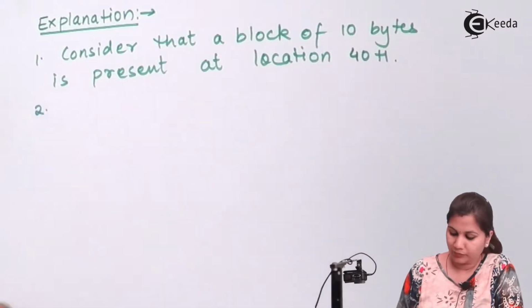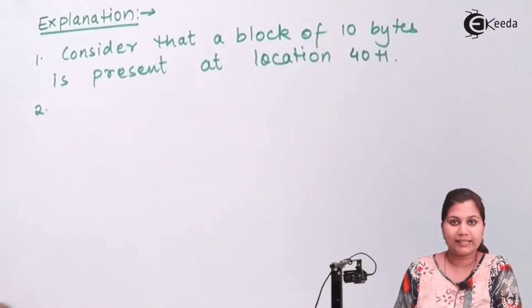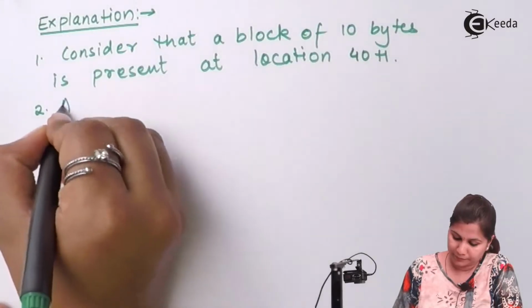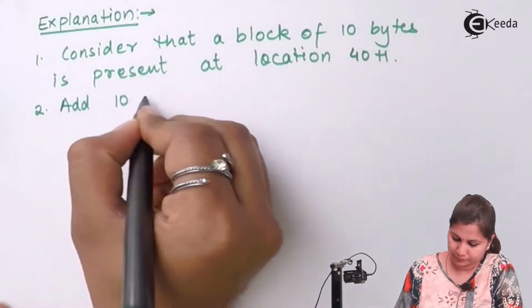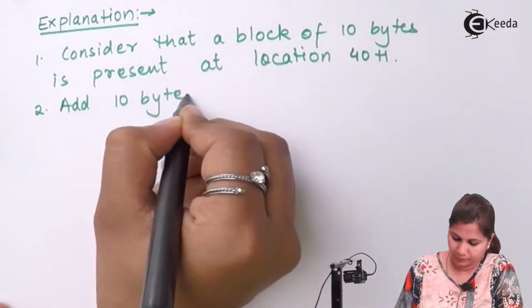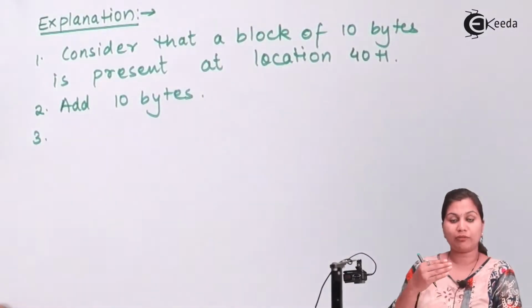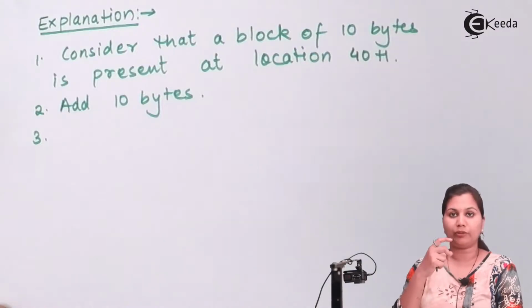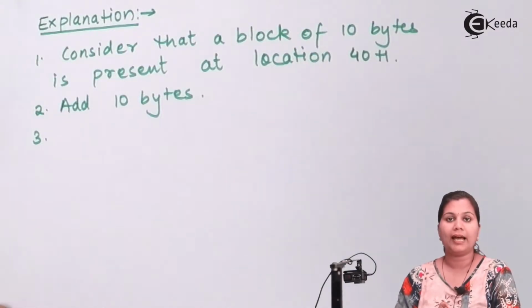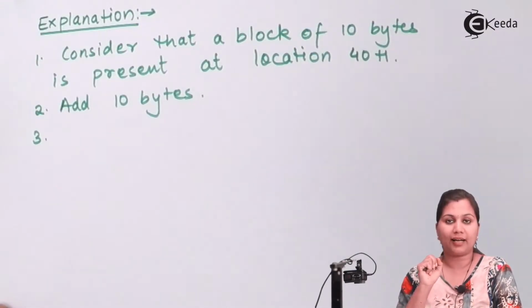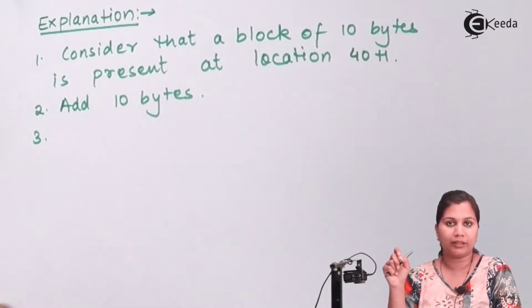So a block of 10 bytes is present at location 40H. Second thing, we have to add these 10 bytes. So because we have to add these 10 bytes, we have to take a counter, okay, and we have to initialize that counter by the value 10.